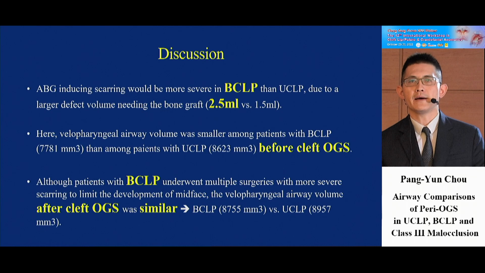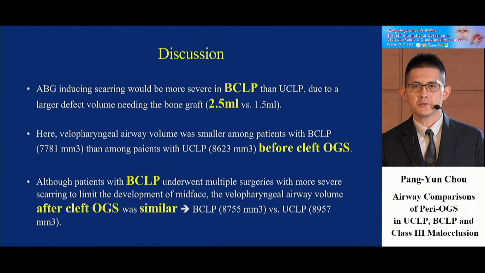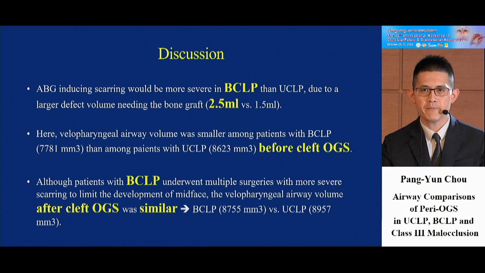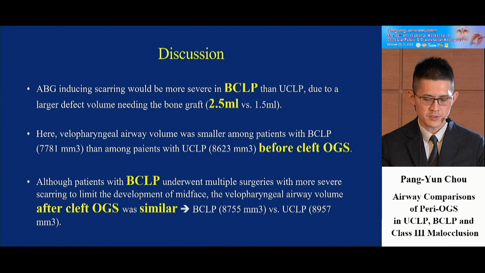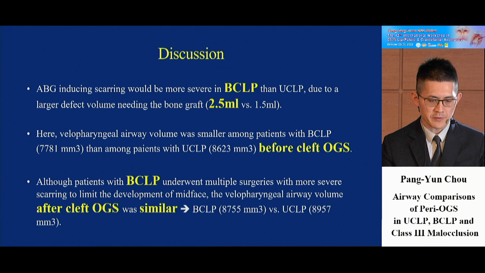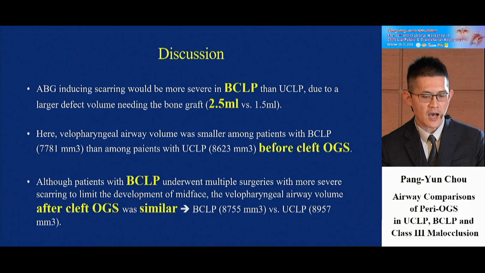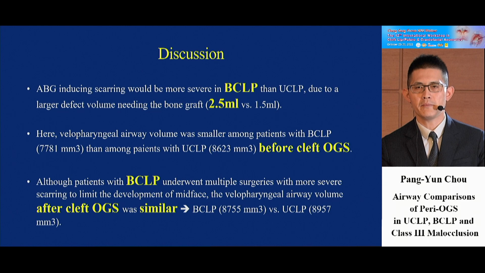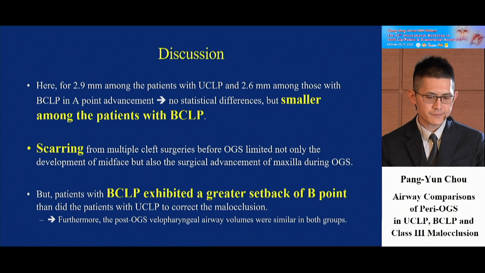However, in our protocol to show the Chou surgery, maxillary advancement and mandible setback, after the surgery the UCLP and the BCLP velopharyngeal volume individually showed 8700 milliliter and 8900 milliliter. That means probably there are no differences here.